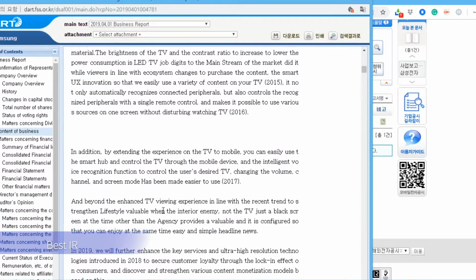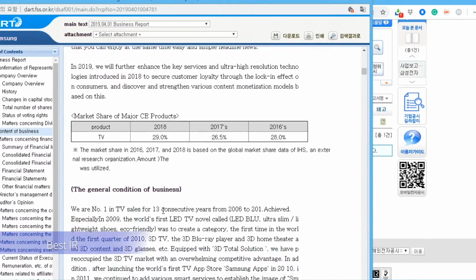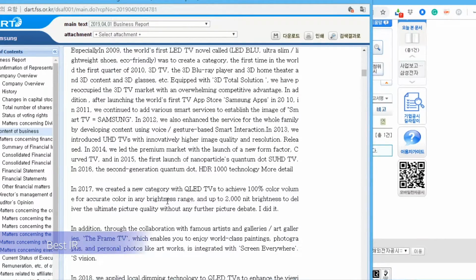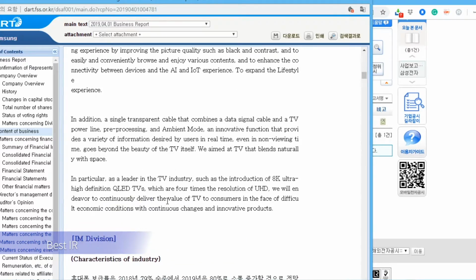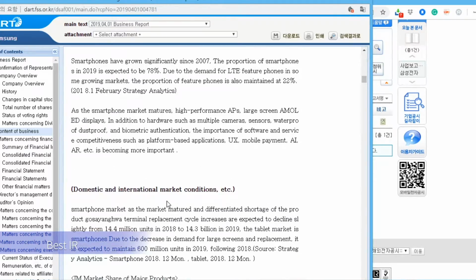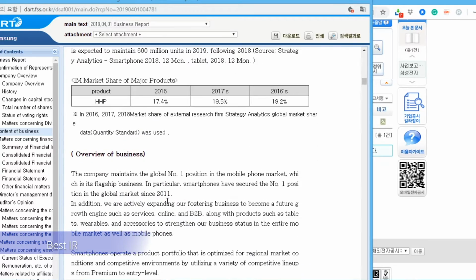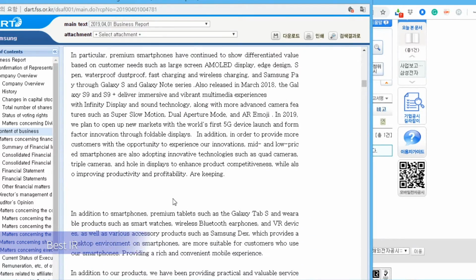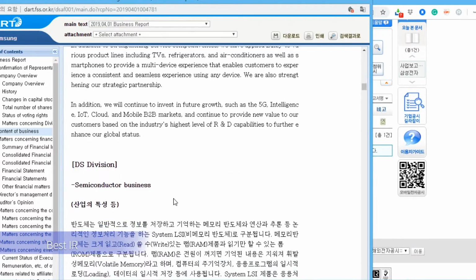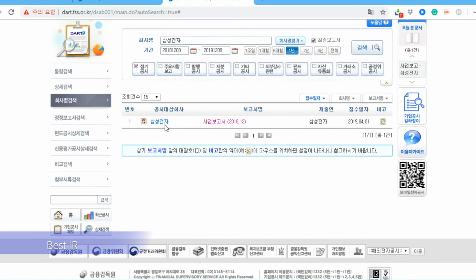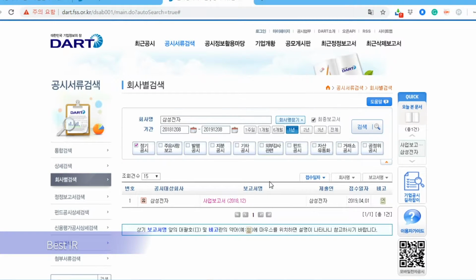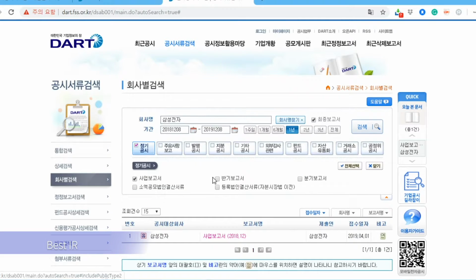So you would be able to study more about their LCD business and IM business. Every year and every quarter they're gonna update this. So you want to study the latest version, which is probably the 3rd quarter.